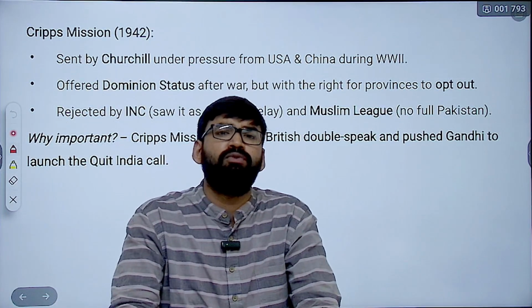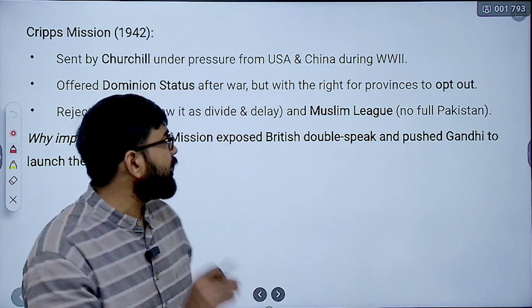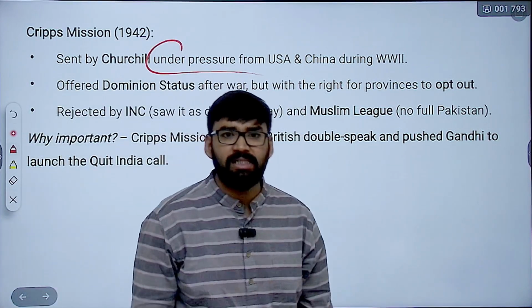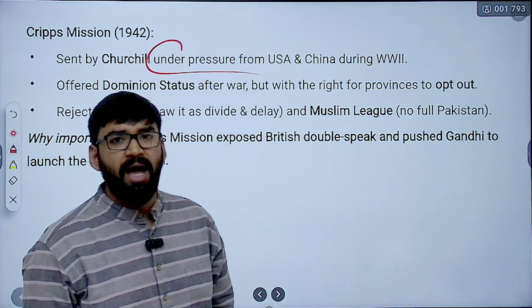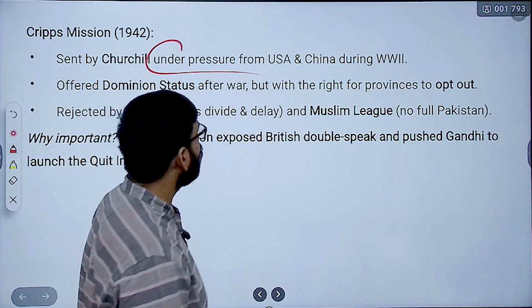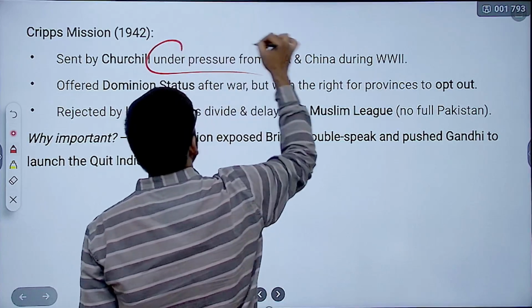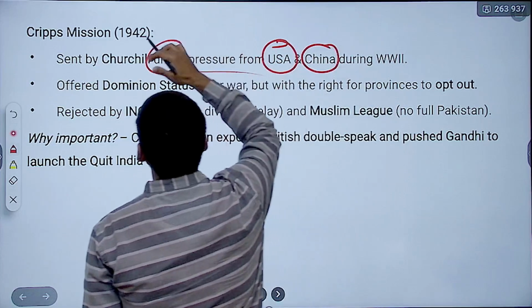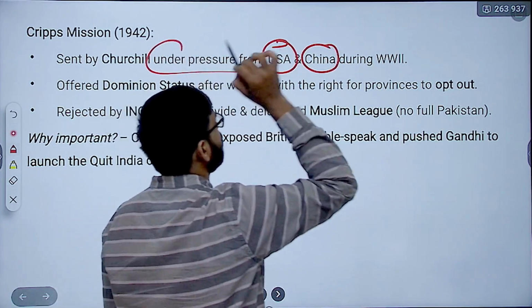of 1942, which was sent by Churchill under pressure from the United States of America and China during the Second World War. Why did the US or China pressurize Britain to send this Cripps Mission?